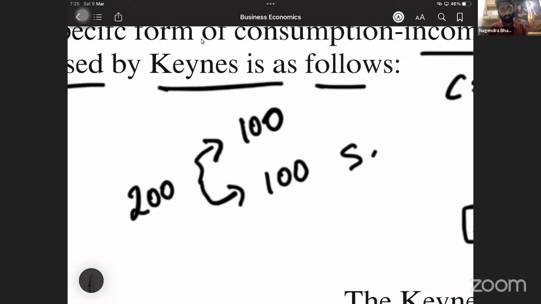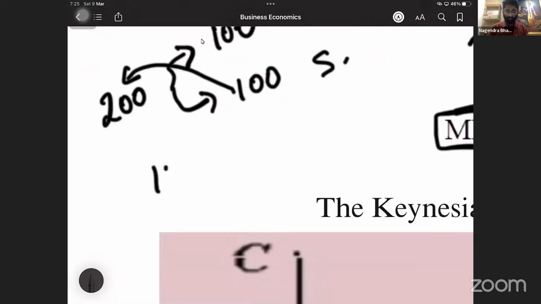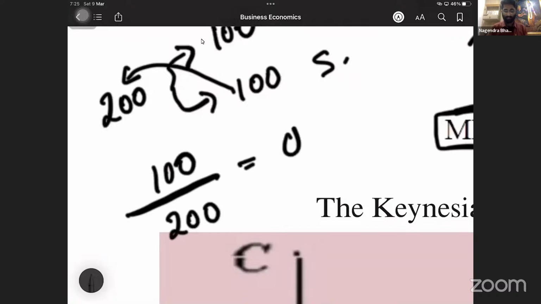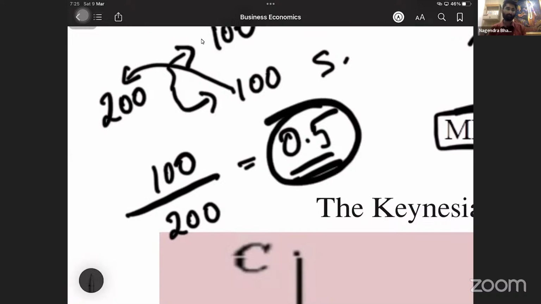What is marginal propensity to consume? 100 divided by 200. Whatever I consume is 100 out of 200. So marginal propensity to consume is 0.5.